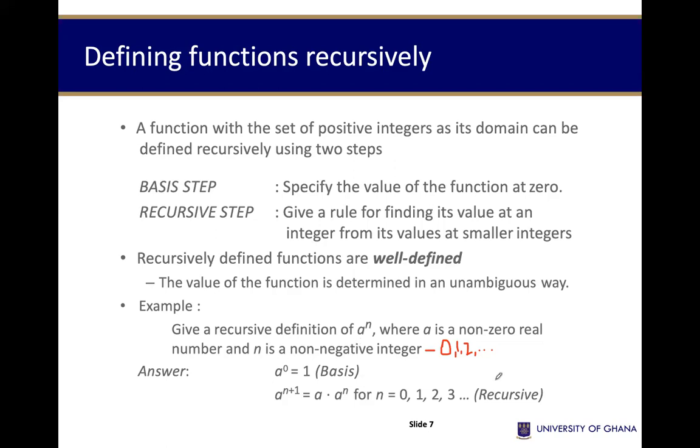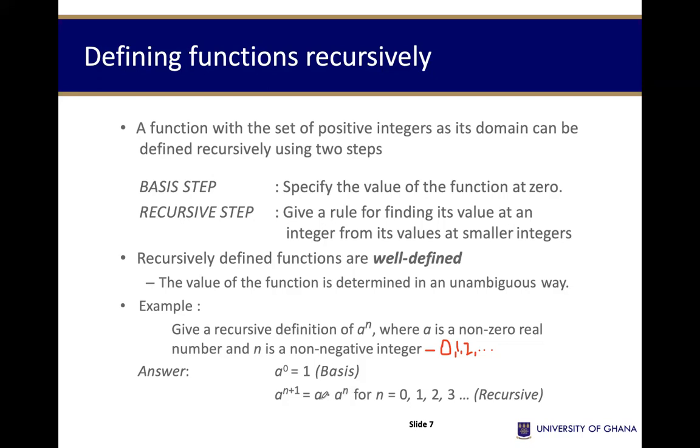All we need to do is that we can easily come here when n is what? 0. I'm going to have a to the power 0 equal to 1. And a to the power 1 is equal to a times a to the power n, and we already know n is 0.